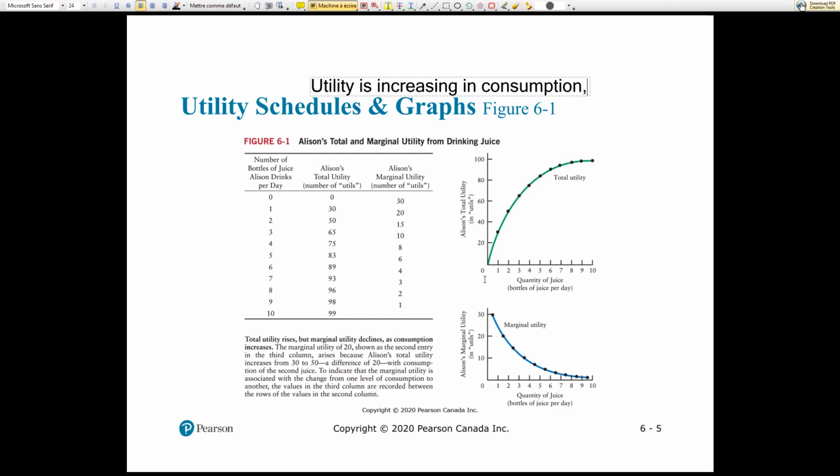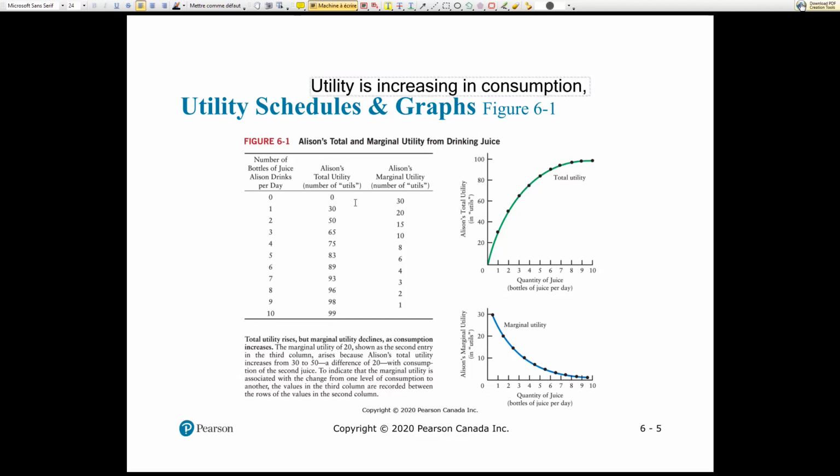Then you graph this total utility and you get this, and how can you tell that the marginal utility is decreasing? In this graph, what would the marginal utility be? Does somebody know a bit of calculus? Yes? Exactly. The marginal utility is the slope of the total utility.